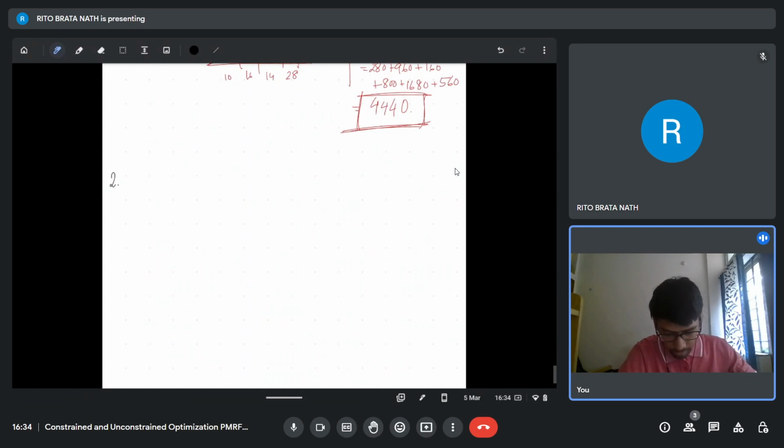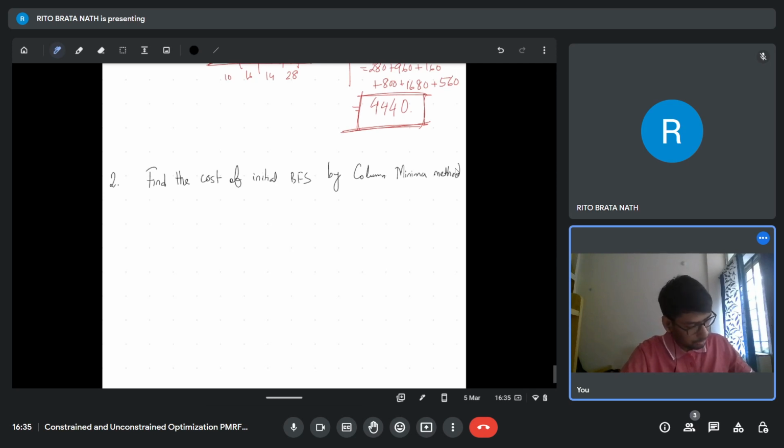So the problem will be find the cost of it by column minima method. Okay, so it's again very similar. So let me write down the first table itself, right?